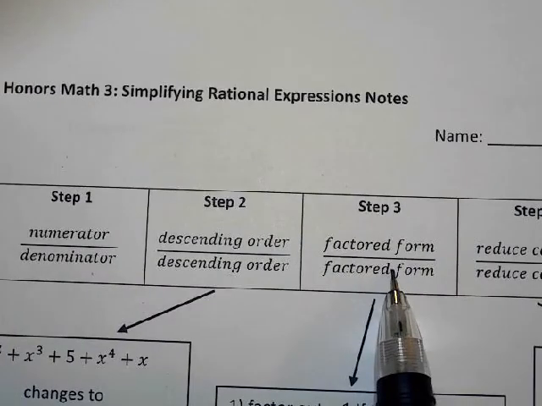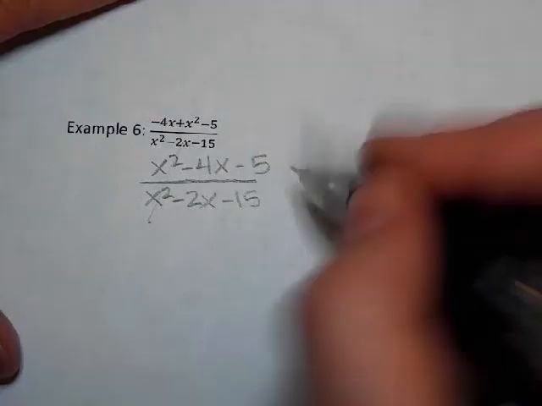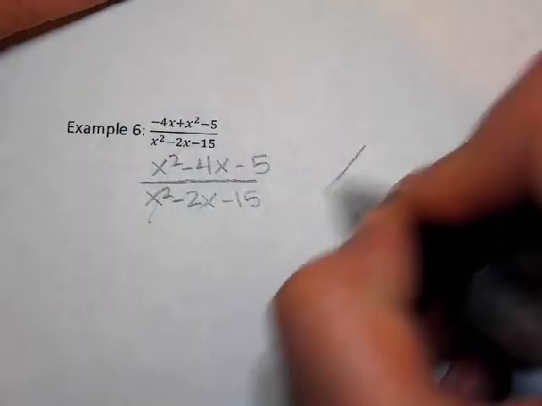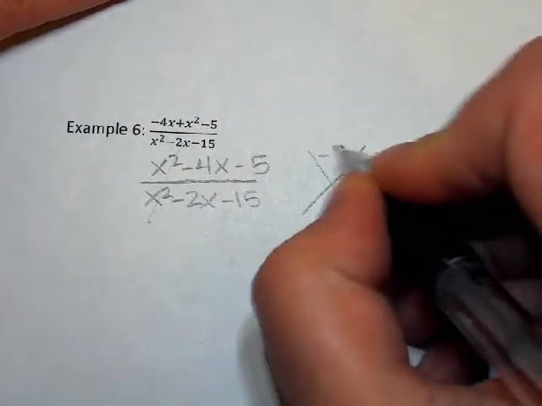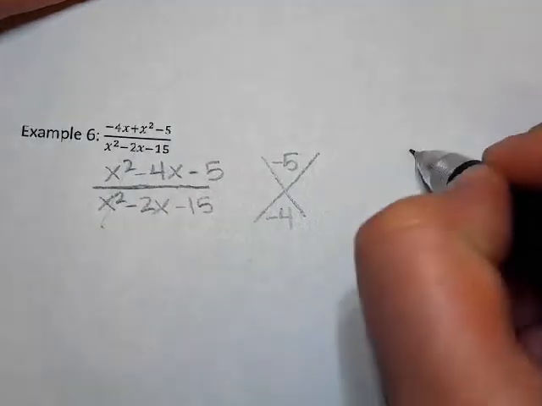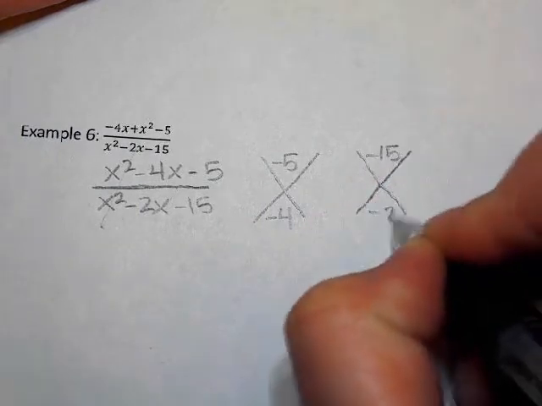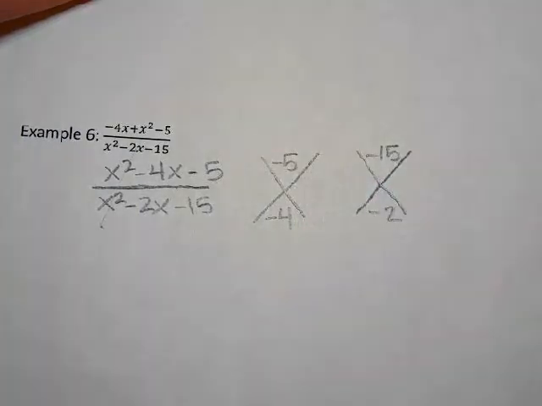Factored form. Okay, so I'm going to look for 2 things that multiply to -5 but add to -4. And 2 things that multiply to -15 and add to -2. Multiply to -5, add to -4. -5 and 1.